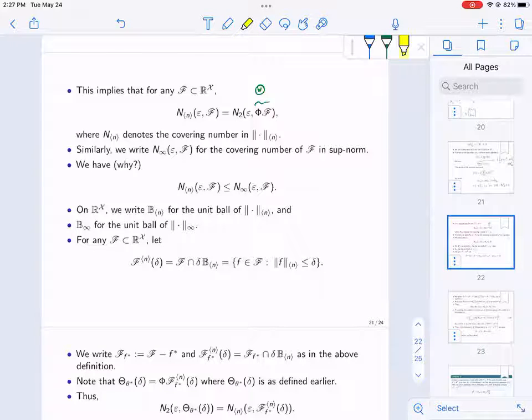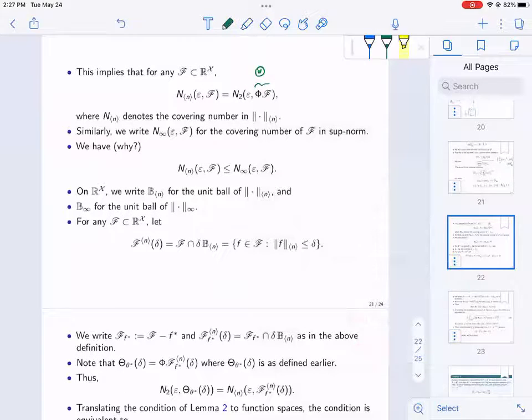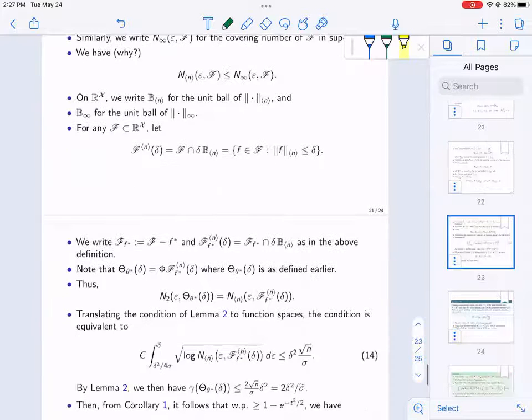So if you write B_n for the unit ball of the empirical norm, B_infinity for the unit ball of the infinity norm, then if you recall, we had this Theta star, U or delta. This was basically Theta. Let's worry about this version. This is F star, n, delta.